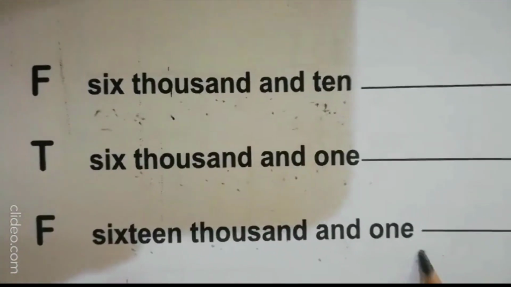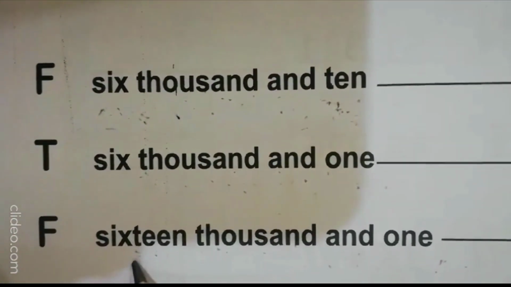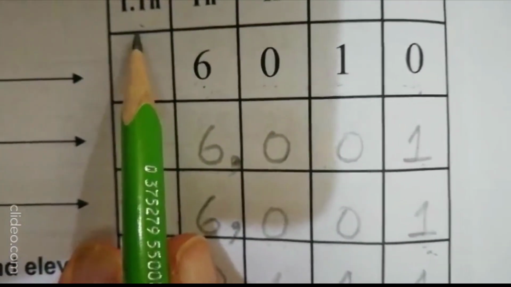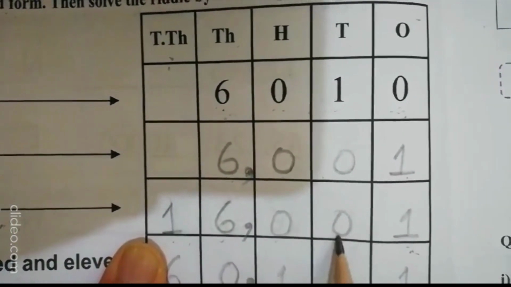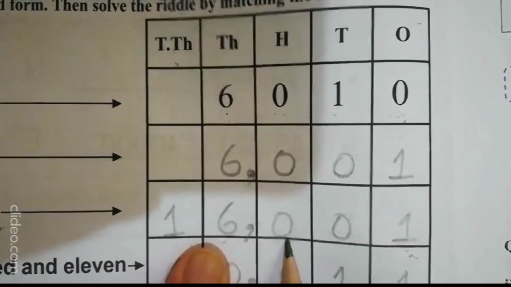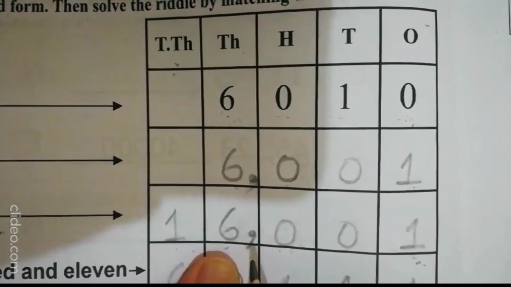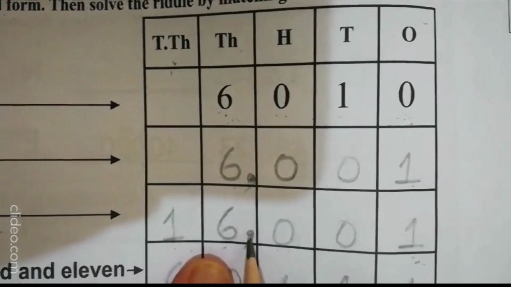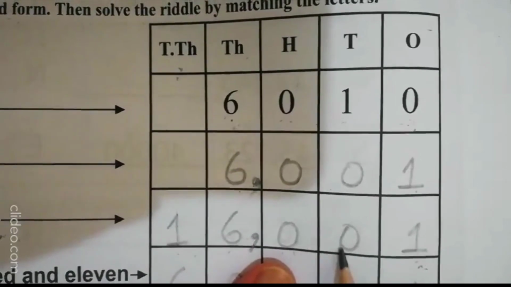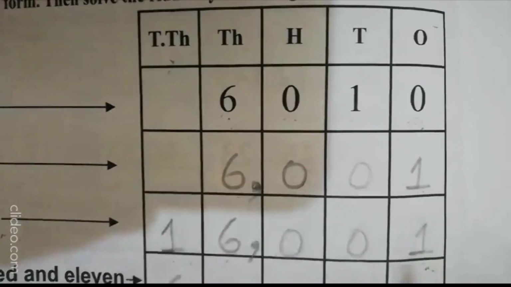Third part is 16,001. Now it's 16,000, so it will start from the 10,000 place value. You see there is a comma between 6 and 0, because a comma is used to separate each group of 3 digits. So the 1000 group is separating the hundreds, tens and ones digits.